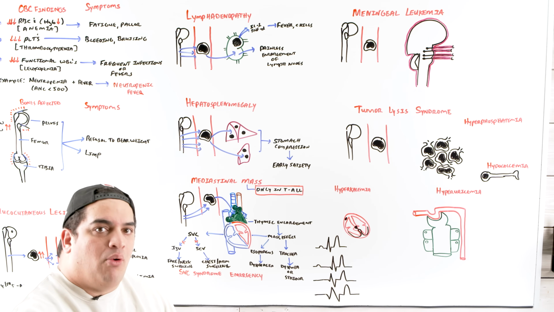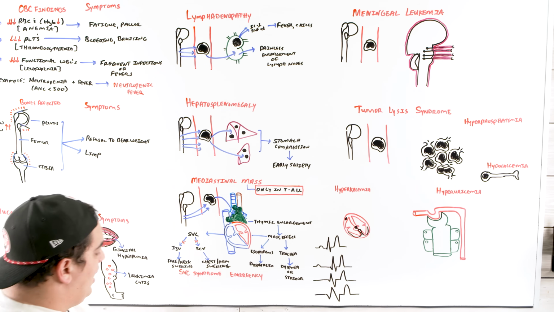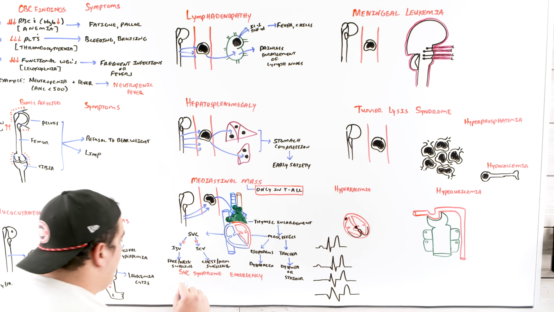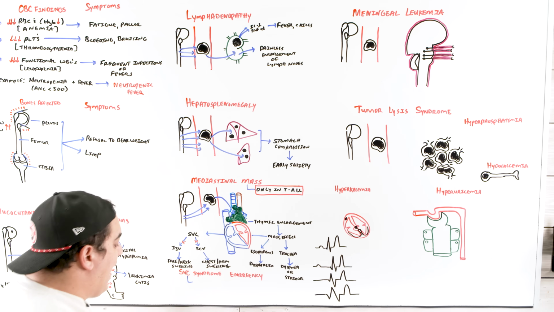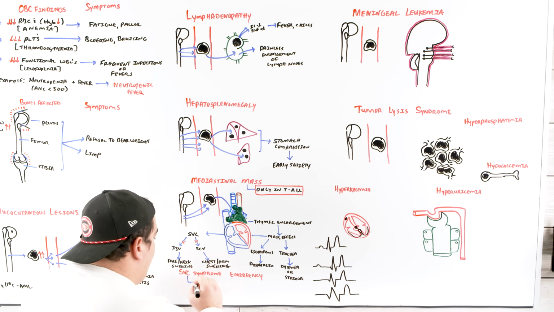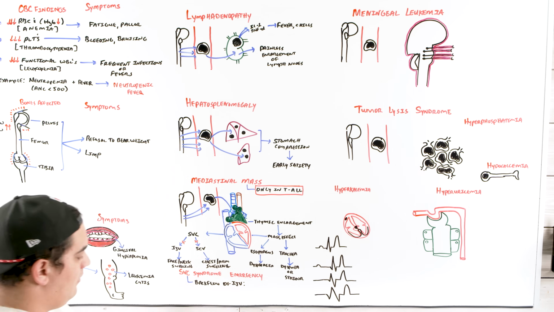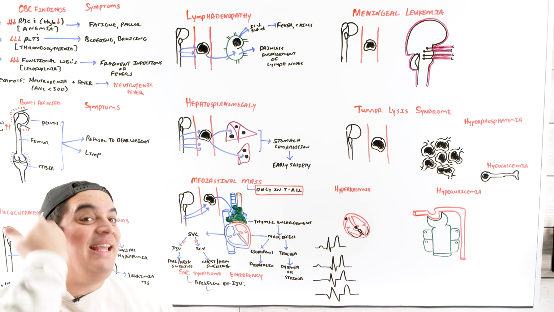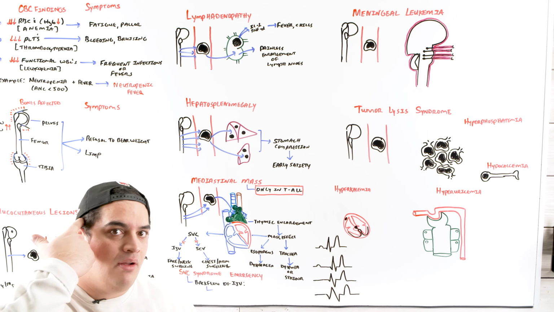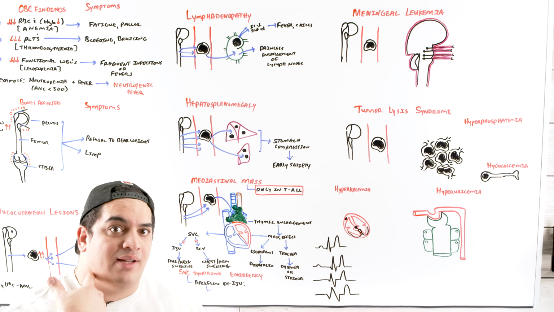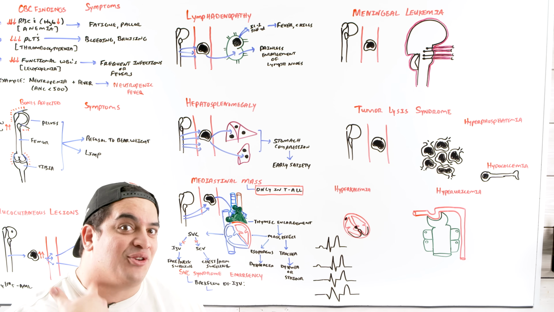Now, here's what's really important. This can actually become an emergency. If in SVC syndrome you get so much backflow into the internal jugular vein, this can lead to impeded venous drainage from the brain. The brain has the sinuses, which eventually drain into the sigmoid and then the internal jugular vein.